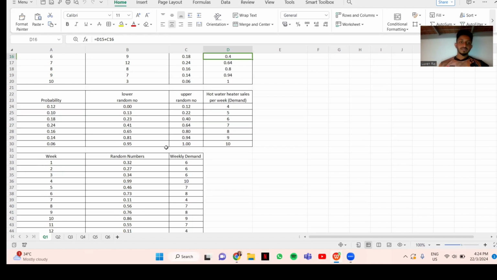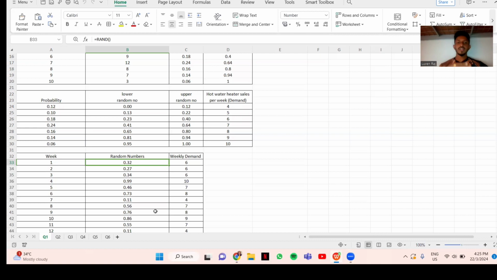Moving on to the next columns: probability, lower random number, upper random number, and hot water sales per week. The fourth column is where we find the random numbers. For random numbers we use the formula equal RAND, open bracket and close bracket, and we get a random number.